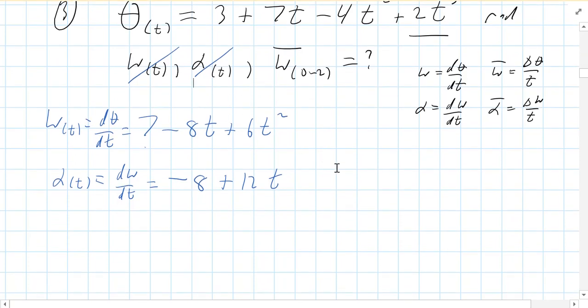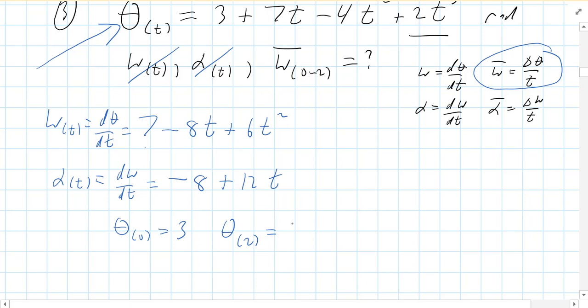Finally, average angular velocity between 0 and 2 seconds. So for that, I'm going to have to use this equation. So I need to know what theta at 0 is. So all I do is plug in 0 into our theta equation. And I get 3 plus 0 minus 0 plus 0, which is 3. Okay, and then I have to plug in theta at 2 seconds.